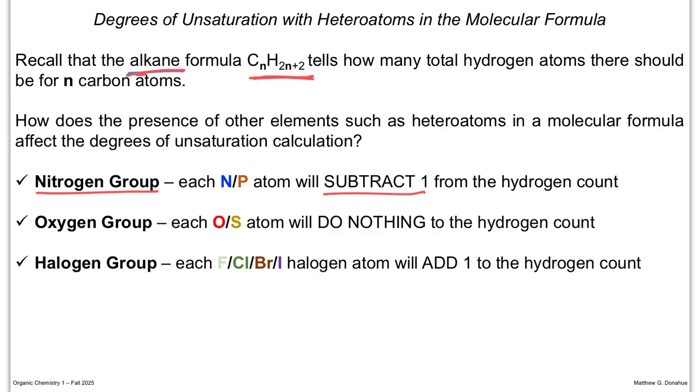And this is something that if you look at enough structures of amines, you would be able to figure out how the amine formula differs from an alkane formula. Oxygens do nothing to the hydrogen count. Halogens have a similar bonding pattern to hydrogen, so they will add 1 for any number of halogens you see.